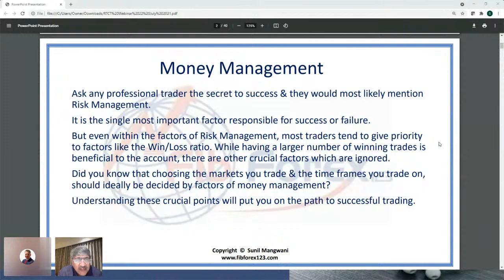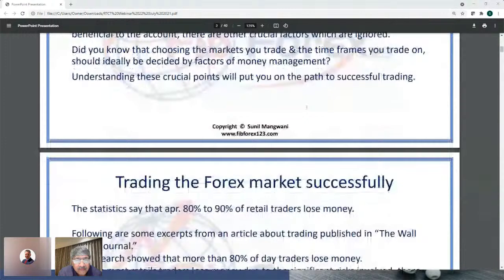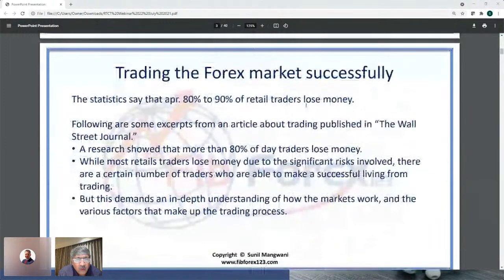Simon, next slide, please. Well, I'm going to go over this very quickly. The statistics say that almost 80 to 90% of the retail traders lose money. When I'm talking about retail traders, I'm talking about individual traders like you and me, not institutes, not banks, not funds, not the big money. Most retail traders tend to lose money.